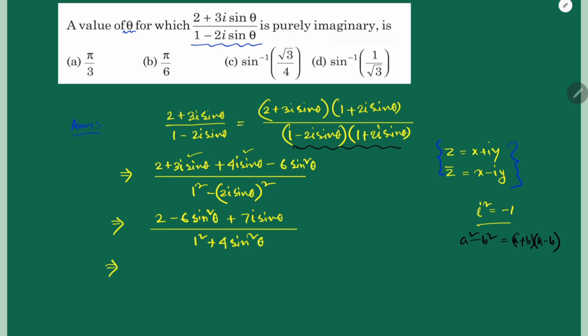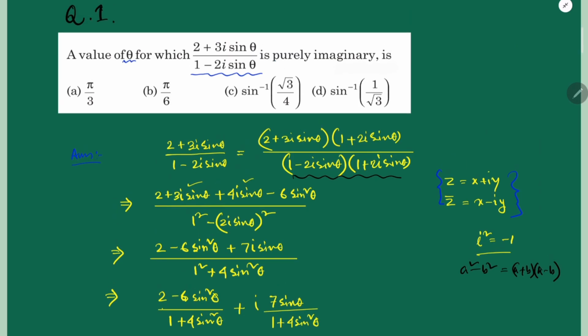So now we separate the real and imaginary parts: (2 - 6 sin square theta) / (1 + 4 sin square theta) + i (7 sin theta) / (1 + 4 sin square theta).